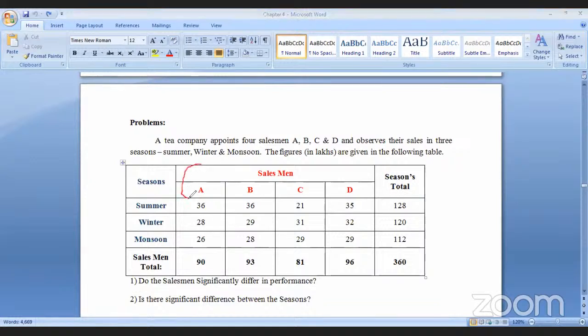This part is one side of information and this is the other side. So this problem belongs to two-way classification. If a problem is in this style, we call it two-way classification. In one-way classification, only the groups A, B, C, D were given; this side information was not given. In two-way classification, these two sides of information will be mentioned. So in this way we need to identify whether the problem belongs to two-way or one-way classification.